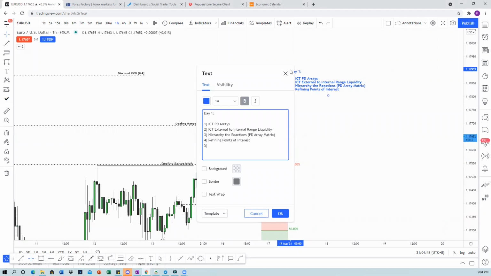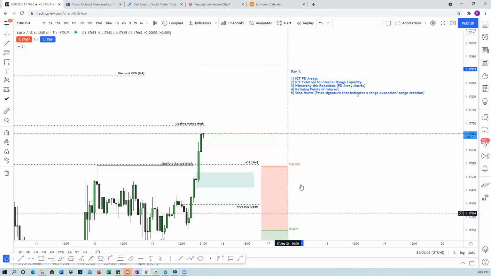And finally, we have stop hunts, which is what? Price signature that indicates a range expansion or range creation. Okay, that's what we are going to be going through today.